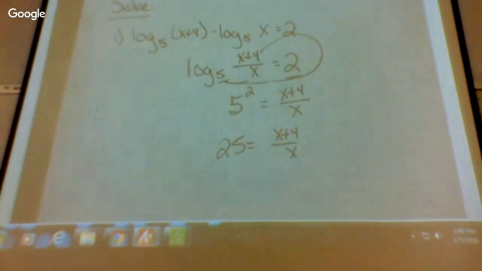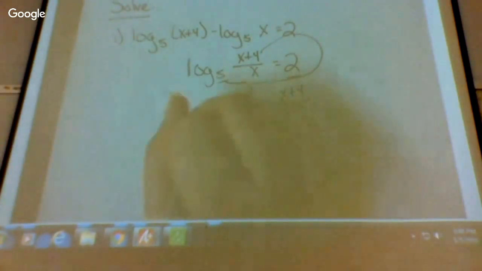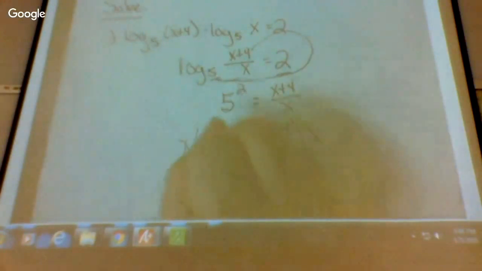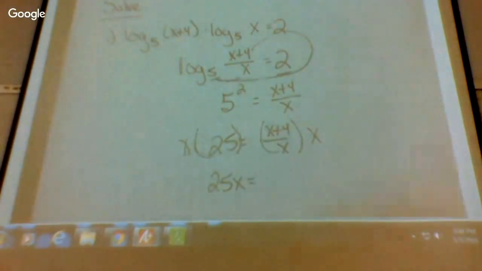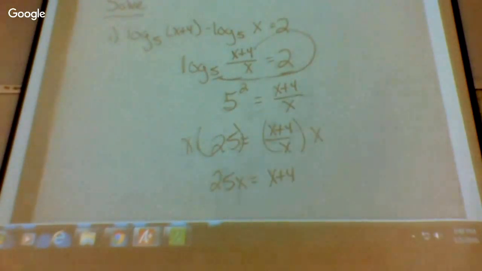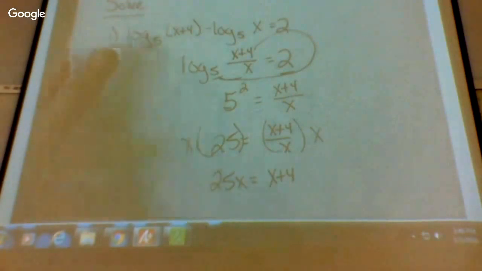By x. Yeah, I can times it by x. So I can times both sides by x. And that gets it to looking something more like you've seen before. So 25x equals x plus 4. You're probably a lot more comfortable with that than you ever were with what we started out with.